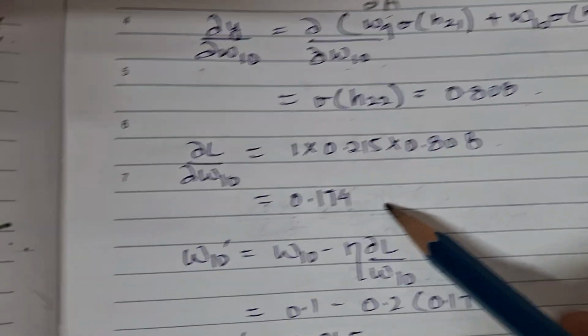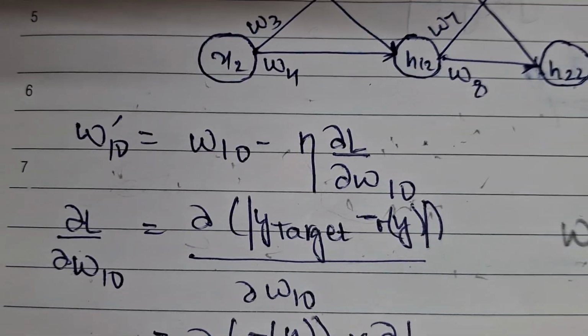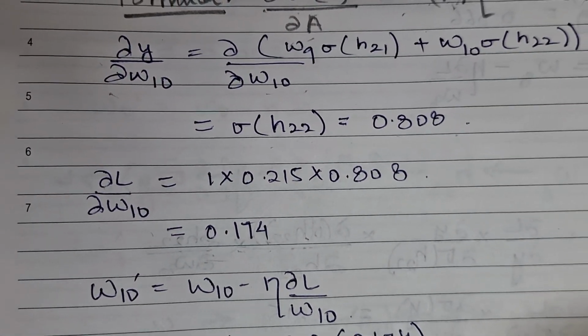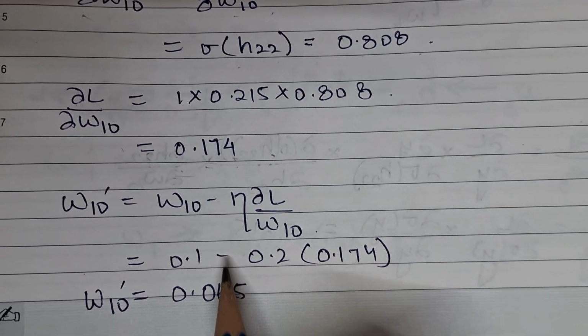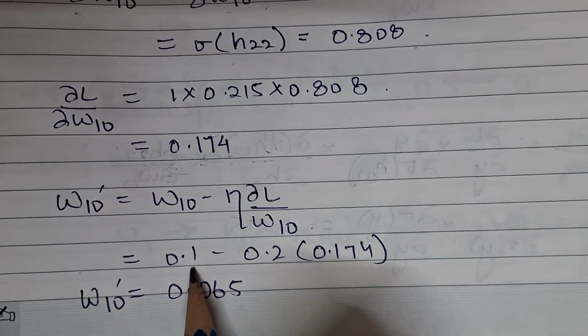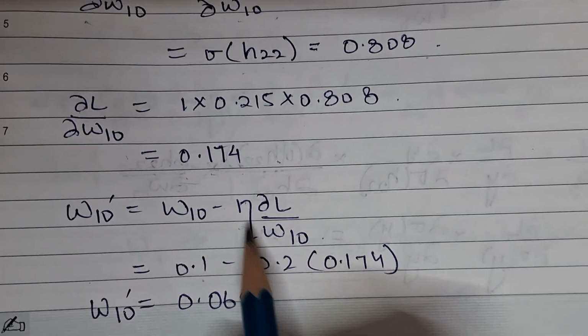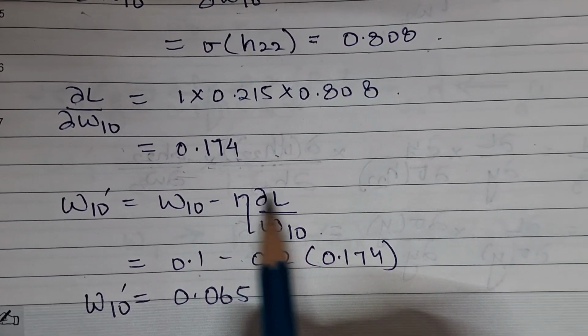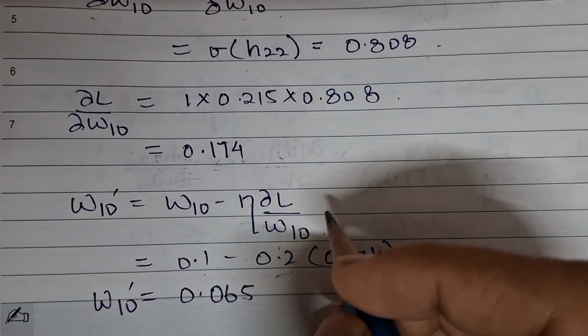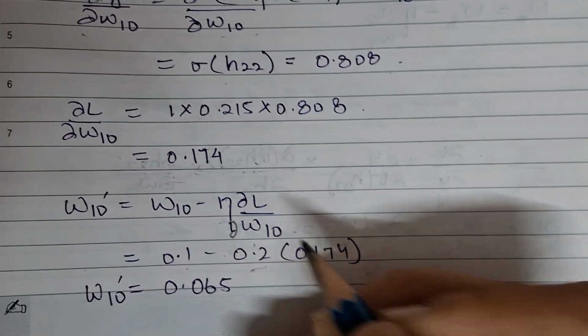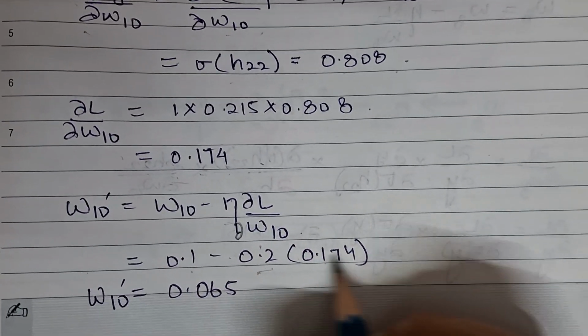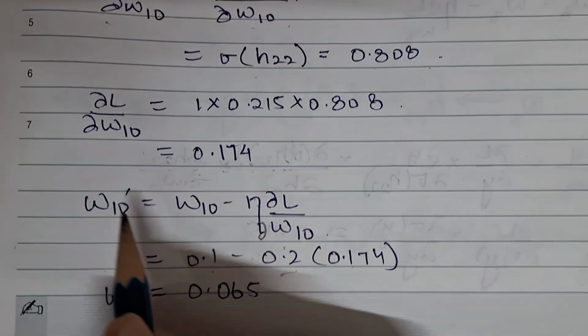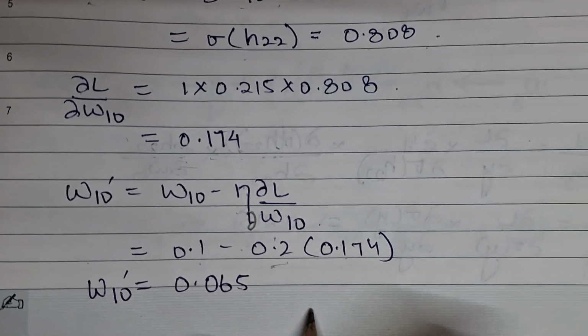Putting this value in our previous formula, we get the previous value of omega 10, which was 0.1, minus learning rate 0.2, multiplied by del L by del of omega 10, which is 0.174. So we get the new value of omega 10, which is 0.65.